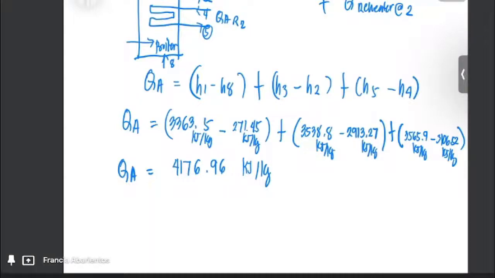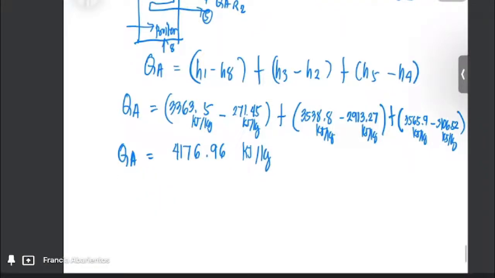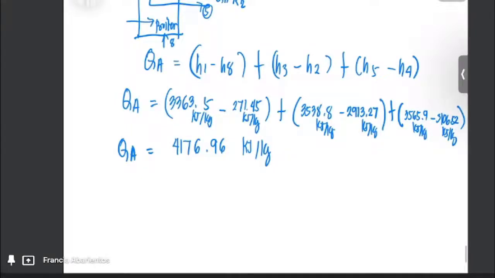Okay. The next one we need to compute is the work net. But sa work net class, kailangan natin yung total ng turbina minus work ng pump. Alam na natin yung work ng pump, sa turbina tayo.